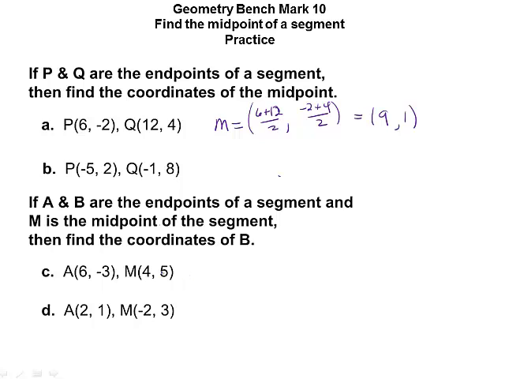And then I'm going to do C. This is the end, this is the middle, and there's always the midpoint on these. So I'm going to do 2 times the midpoint, which gives me 8, 10, minus the end that they gave me. So 8 minus 6 is 2. 10 minus negative 3 is 13. So that's the other end.